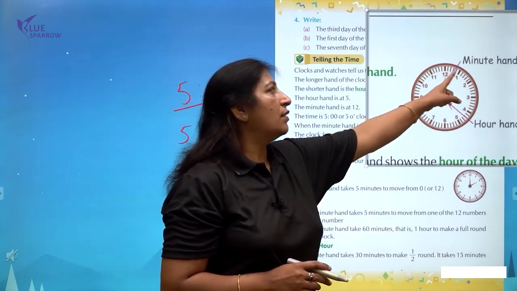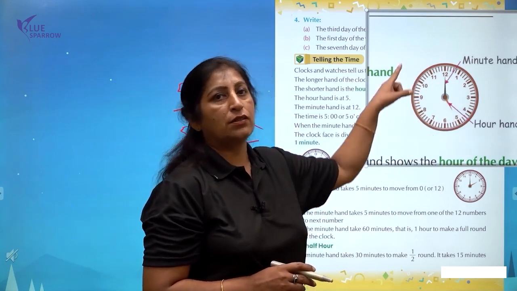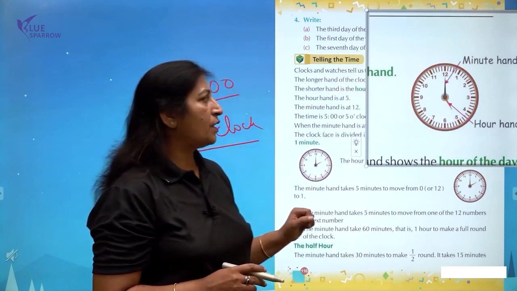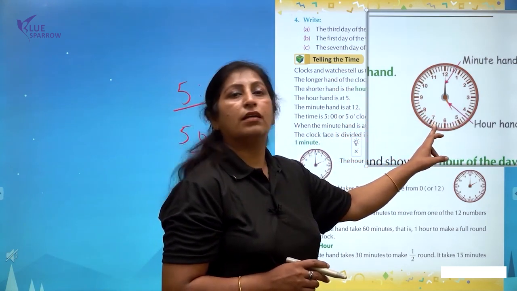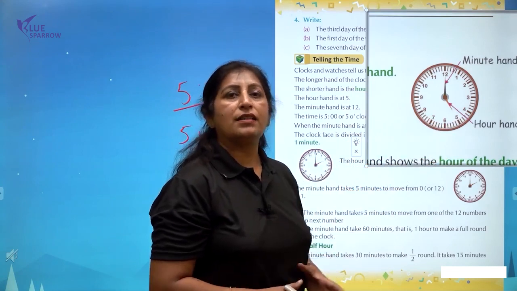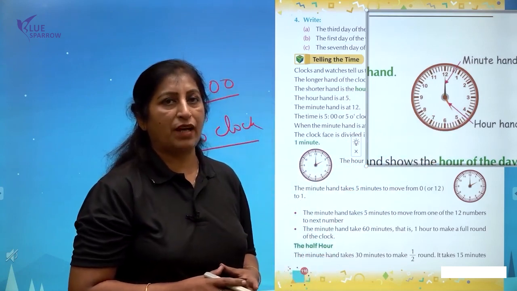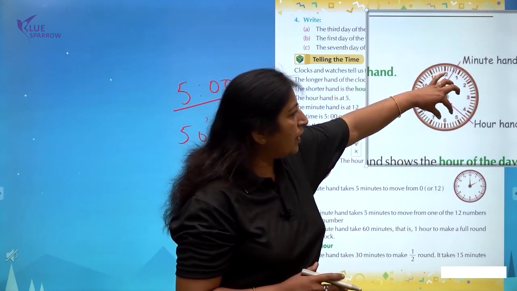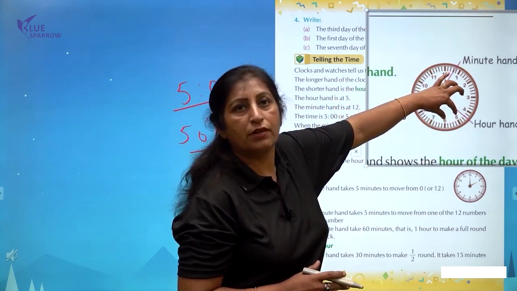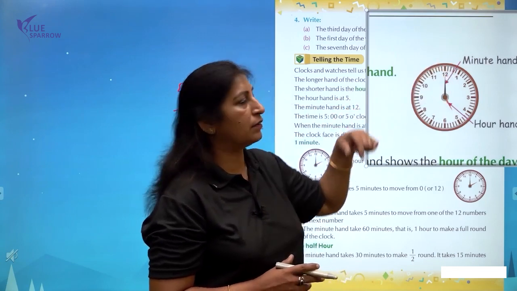These show the 60 minutes of 1 hour. Suppose the hour hand is at 5 and it is moving to the number 6. As it reaches number 6 from 5, it means it has covered 1 hour. So, in 1 hour, it covers only this much space of the clock face.